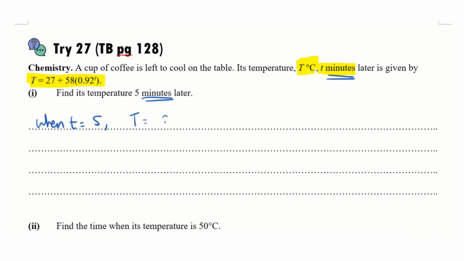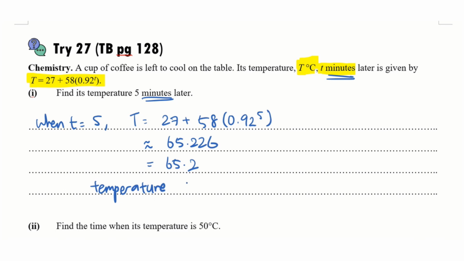Substituting that into the formula, we will have this, and you just have to key it into your calculator, and we will get the final answer to be 65.2. So the temperature 5 minutes later will be 65.2 degrees Celsius, to 3 SF.